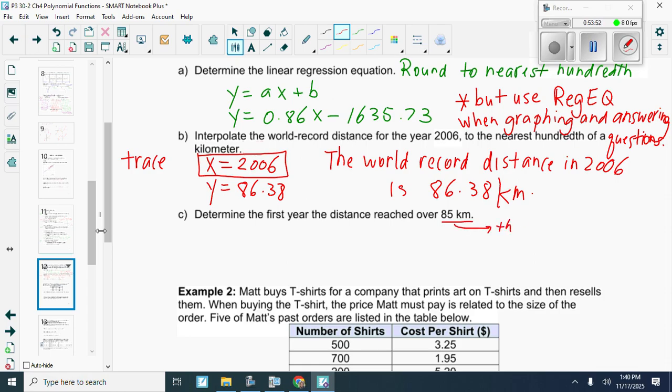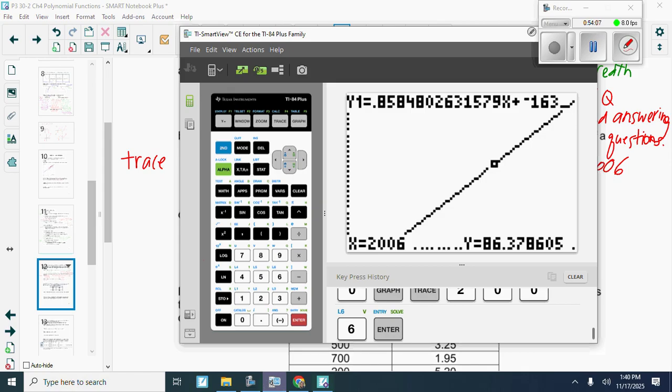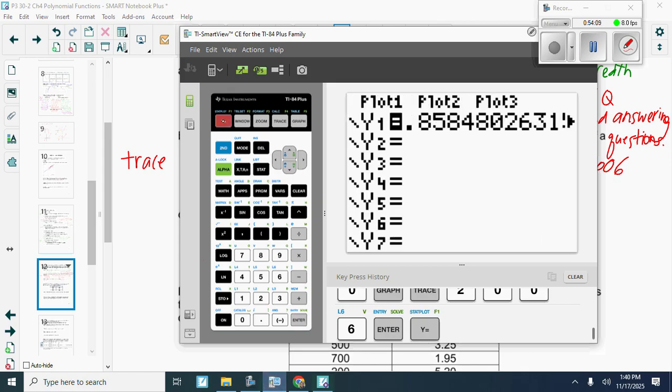Now I already have something in y1, so I'm going to say y2 is equal to 85. Go over to your calculator, hit the y equals button, and put in 85 here. It's going to draw a horizontal line at 85, and our line is going to intersect with it.